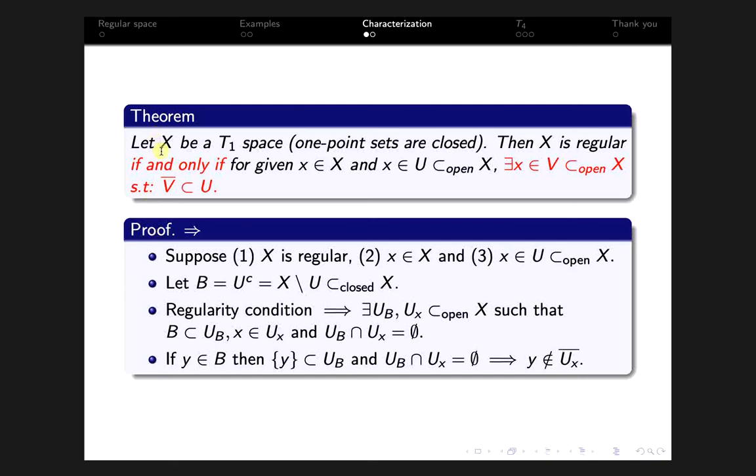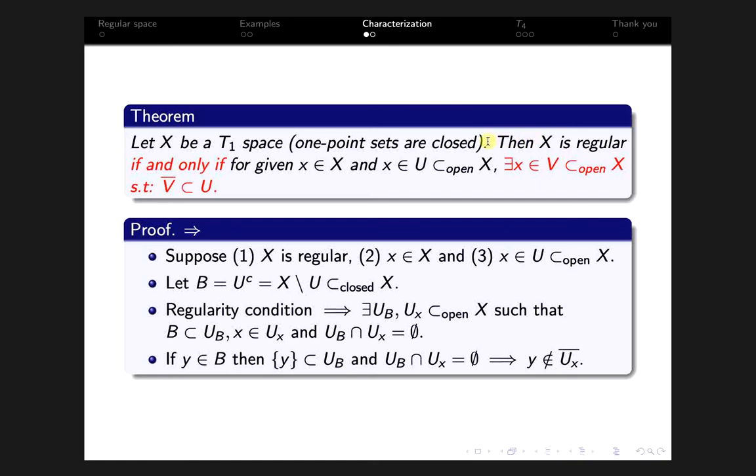So consider X a topological T1 space, that is, one point sets are closed in X. Then X is regular if and only if for every given point little x in the topological space X and open set U in X containing x, there exists some open set V in X containing this little x, such that the closure of V is contained in U. Okay, so this is the characterization of regular spaces.